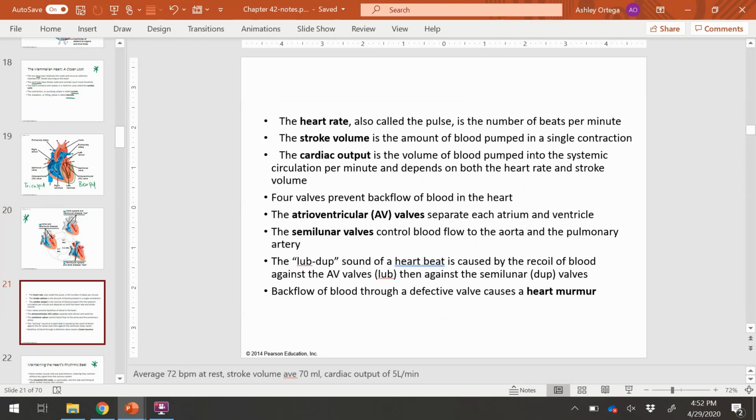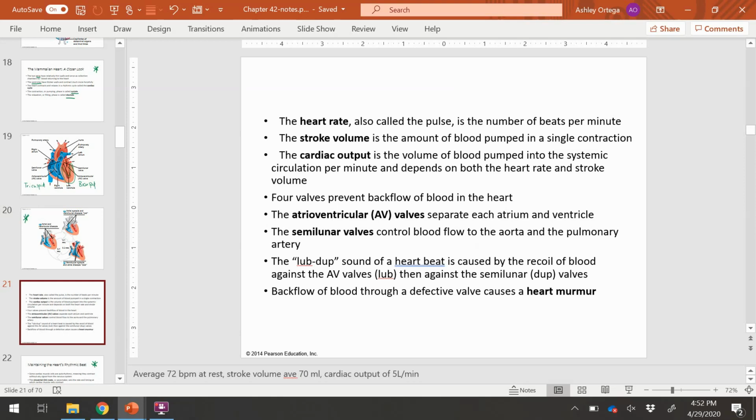And so as you can imagine, there's a lot of study, a lot of definitions and qualifiers about the heart and the circulatory system. And so here we see some of those. The heart rate is also called pulse. It's the number of beats per minute. And that's an average of 72 beats per minute for an average person at rest.